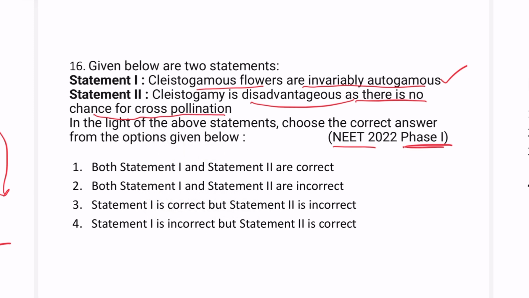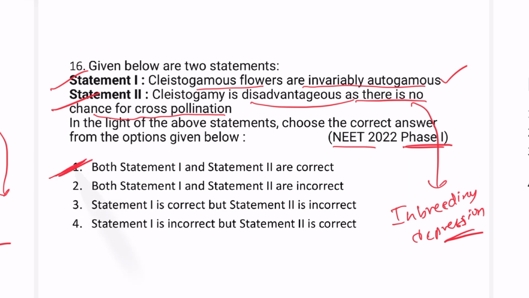Yes, it is disadvantageous because if cleistogamy takes place for generations together, there's an odd genetic consequence called inbreeding depression. So both the statements are correct statements. So the answer is the first option.